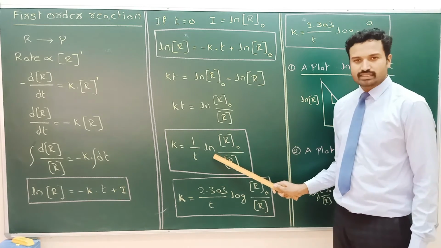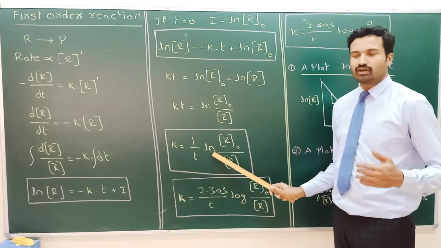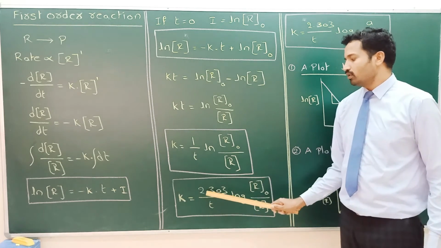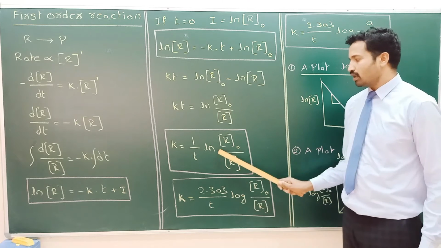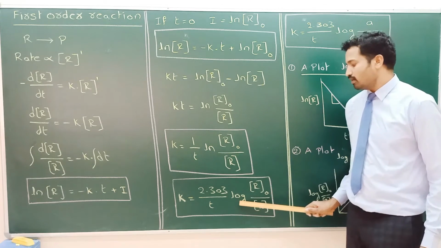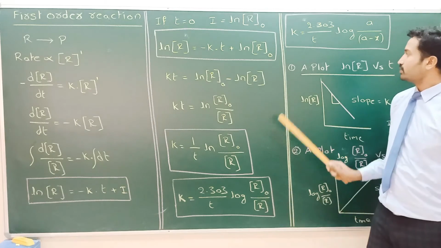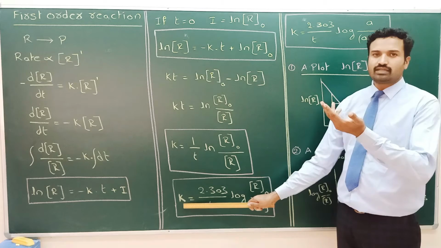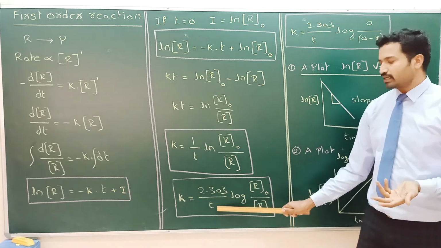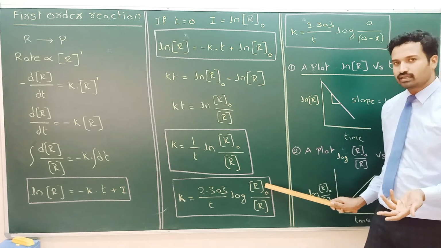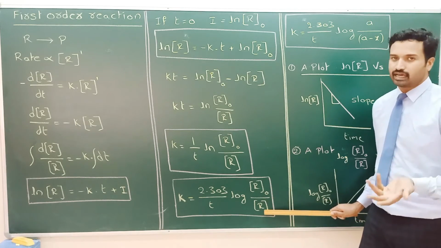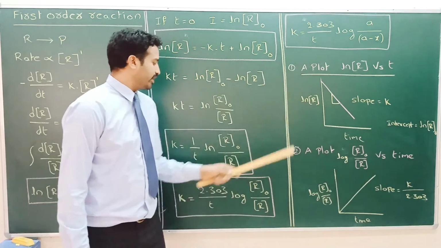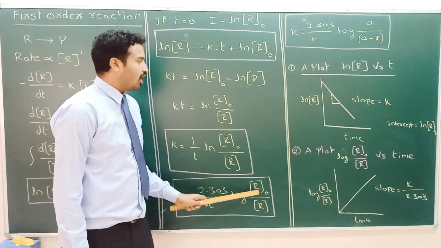This is log base e. When log base e is converted to log base 10, multiplied by 2.303, the formula is k is equal to 2.303 by t log R naught by R. Here k is the rate constant for the first order reaction, t is the time, R naught is the initial concentration, and R is the concentration at time t.